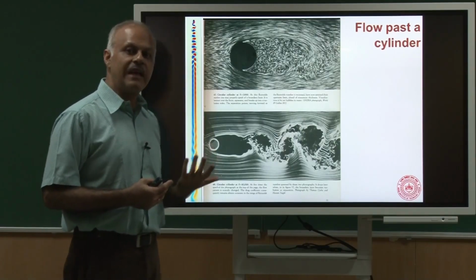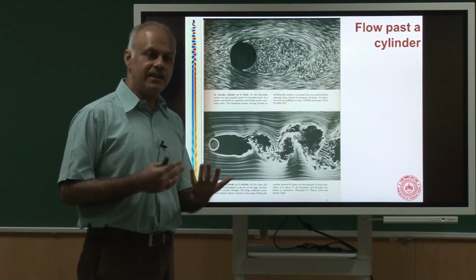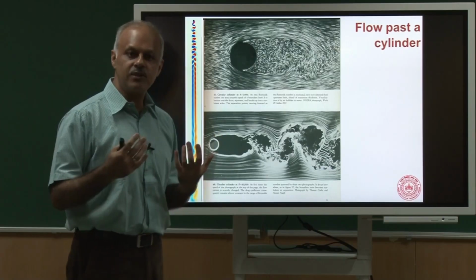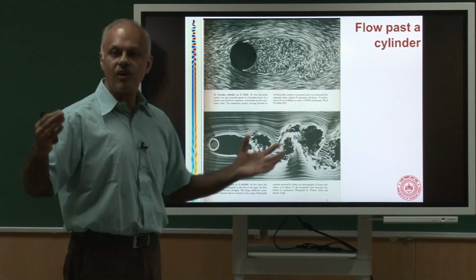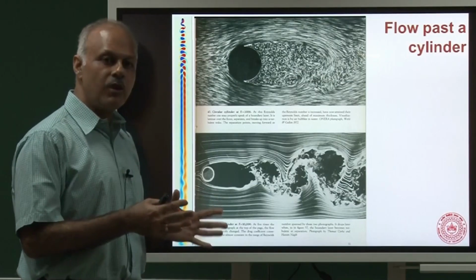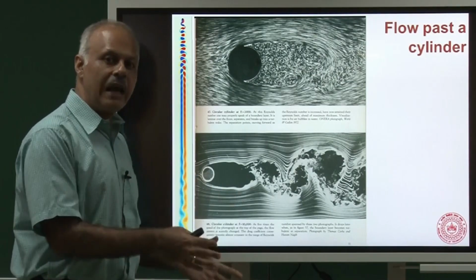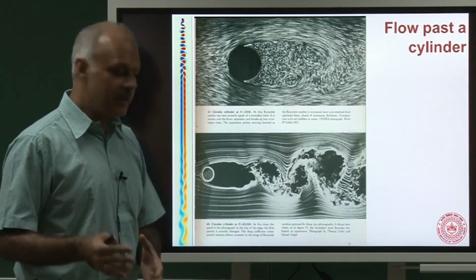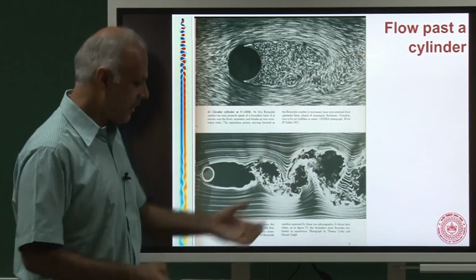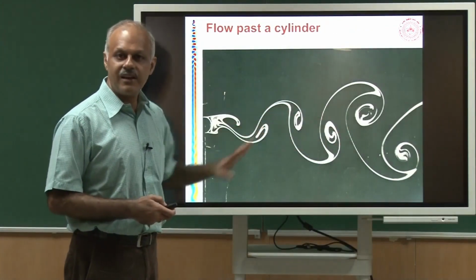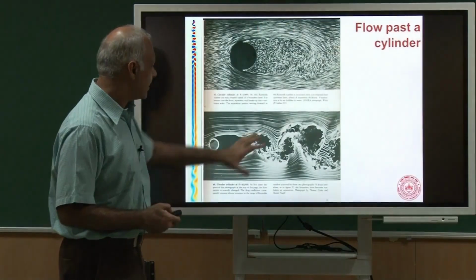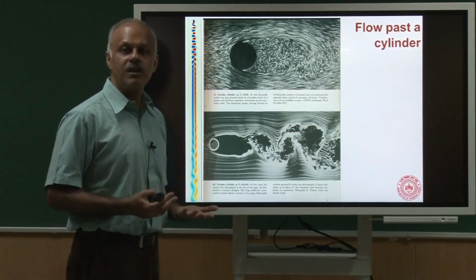So I go back to the example of the washing machine. In the washing machine you wanted heavy mixing, you wanted to agitate your clothes so that the dirt just flies off. If you want your washing machine to do well, you don't want laminar flow there, you want a turbulent flow. And here we have an example that this flow is laminar, it's a very nice organized flow, and this flow is now getting more turbulent.